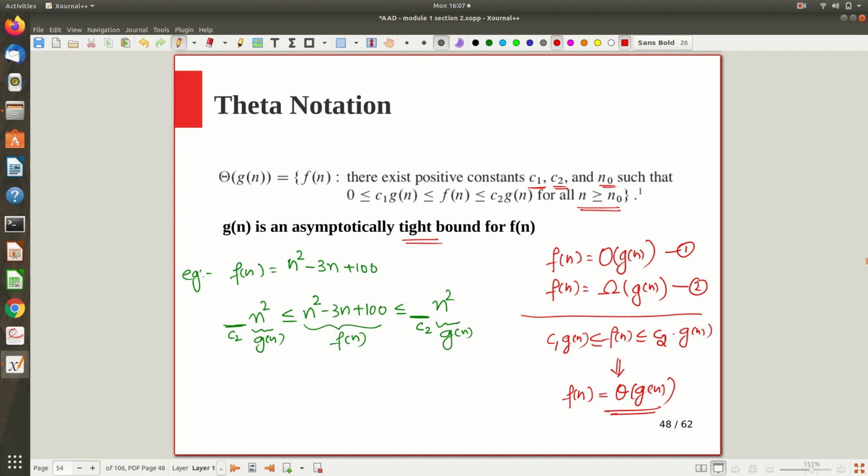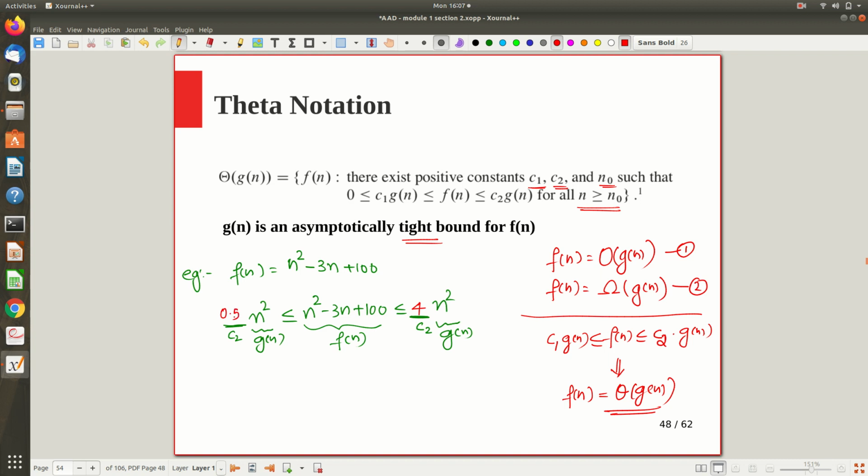You can try different values on this side which satisfy this. You know it is n square, so any value greater than this, like 1, 2, 3, 4, is going to work here, but I am just taking 4 randomly. I just need that one exists. Similarly, any value less than 1 is going to satisfy here, so let me take something like 0.5.